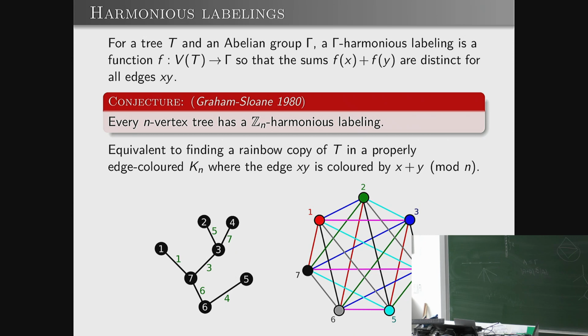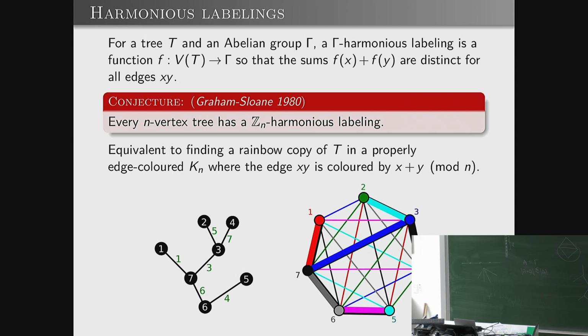And if in this proper edge coloring I find my tree rainbow, so here's a tree, for example, that I want to find, then you can observe that this is precisely this tree. If I look at this embedding, it will tell me the assignment of the labels.